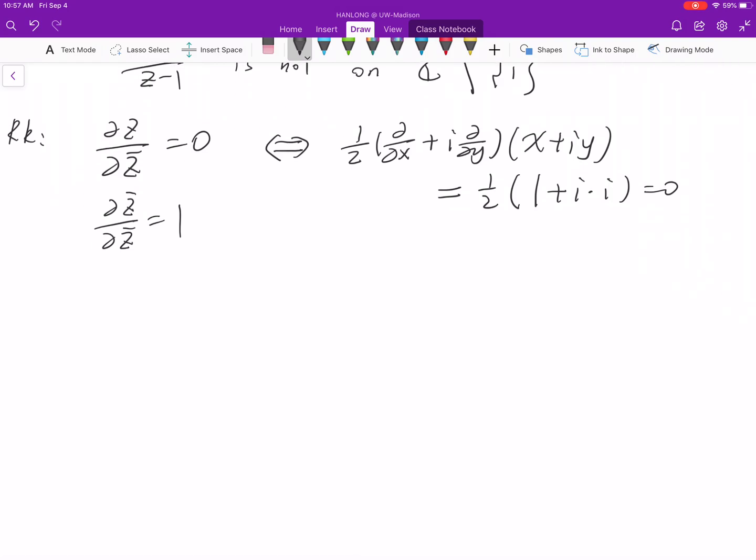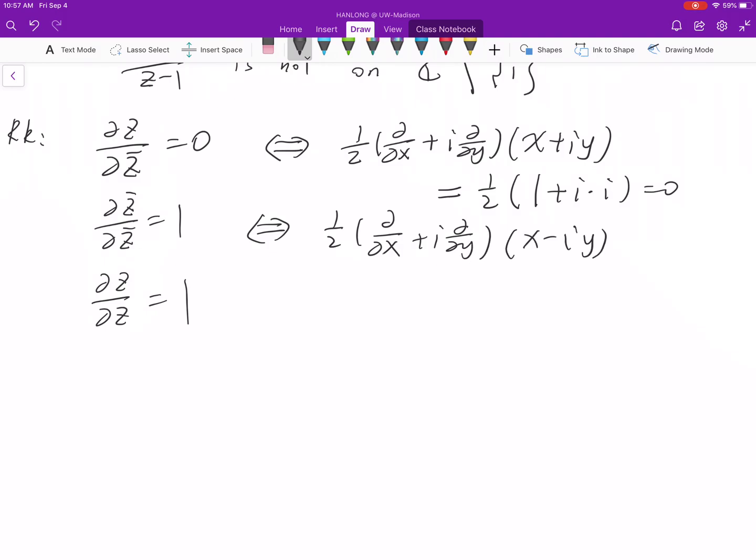And the second one is equivalent to 1/2 (partial x plus i partial y) applied to x minus iy. This is 1/2 (1 plus i times negative i). This is 1.